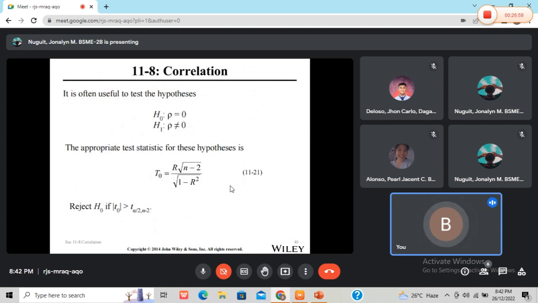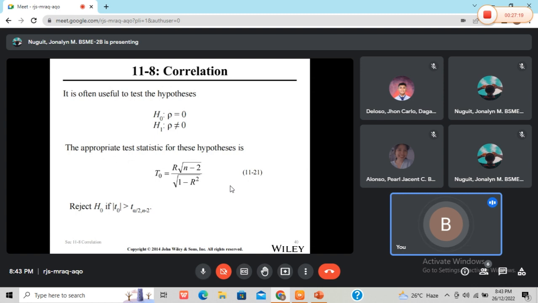So it is often useful to test the hypothesis where the null hypothesis is that the population correlation coefficient is not significantly different from zero, so there is no significant linear relationship, or correlation, between x1 and x2 in the population.